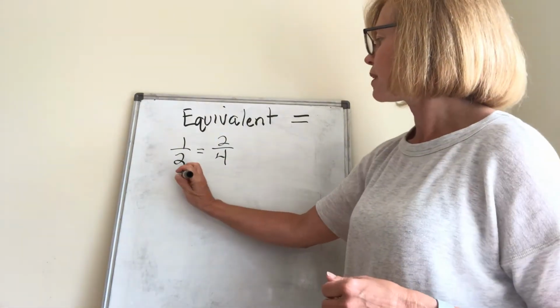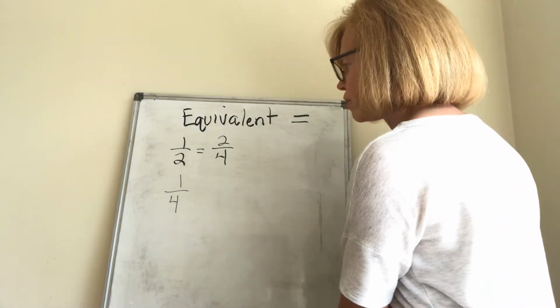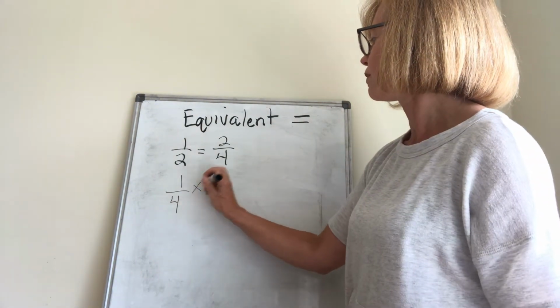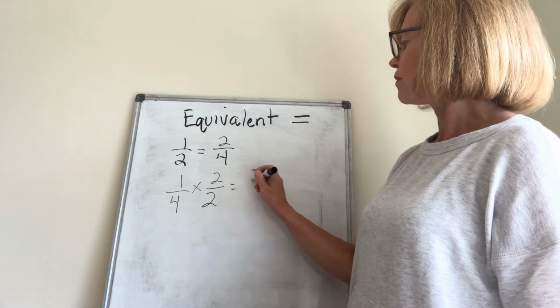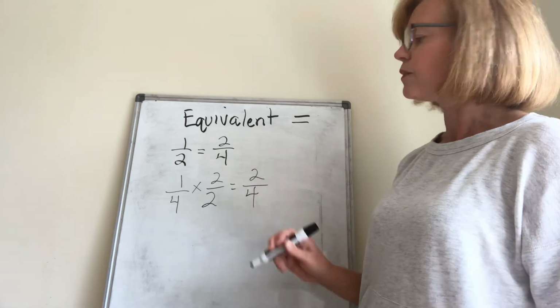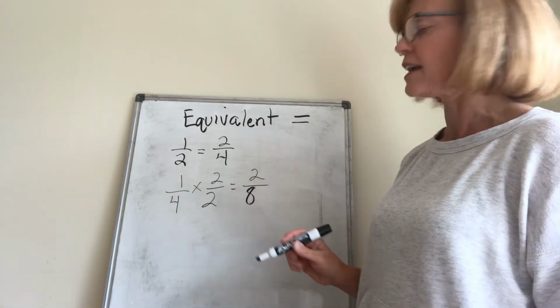We did the same thing with, let's say, 1/4. We could multiply 1/4 times 2/2, and we could find an equivalent fraction, that was 2/8.